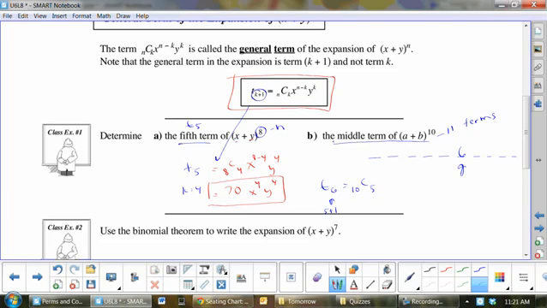The first term is a, and that is going to be to the 10 minus 5. And the second term is b, not x anymore, because whatever was x, the first term, becomes replaced by a, and b will be the second term, and this will just be 5. So this is 252 a to the 5, b to the 5.